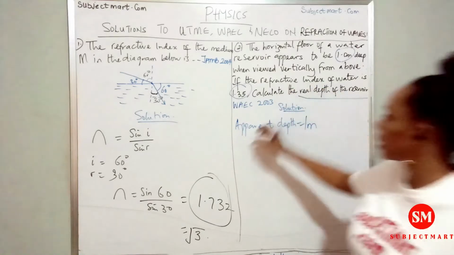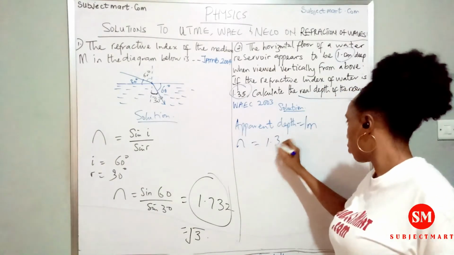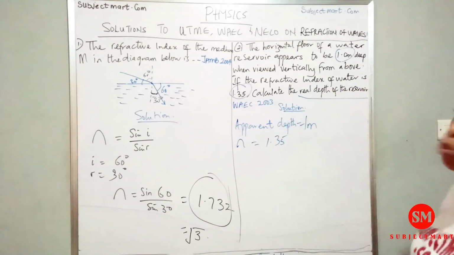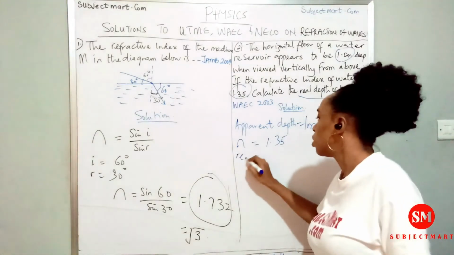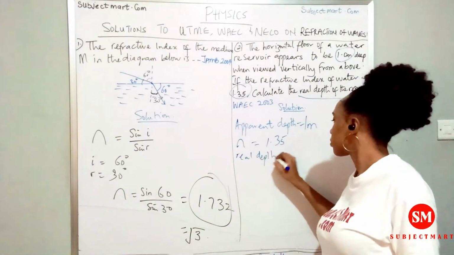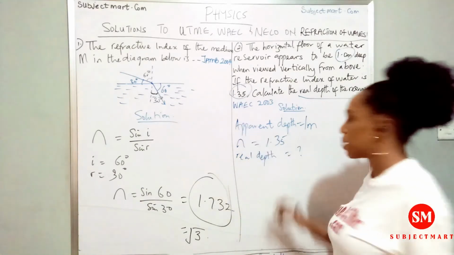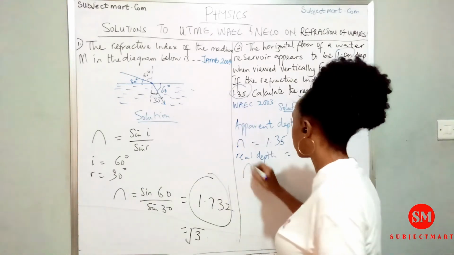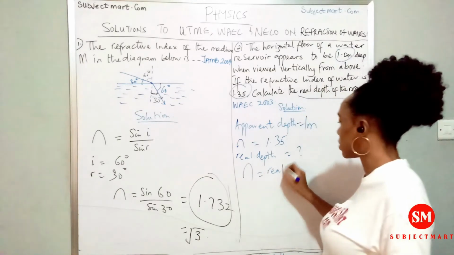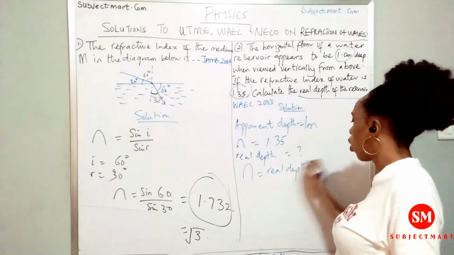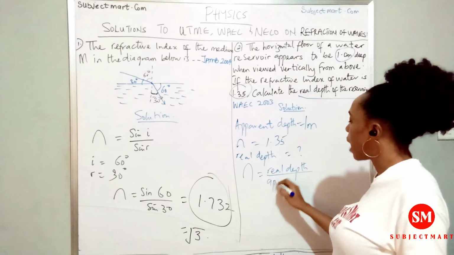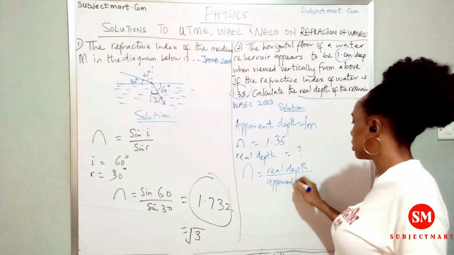The refractive index is 1.35, and we have to find the real depth. We don't know the real depth. You recall from that same formula that refractive index is equal to real depth over apparent depth.